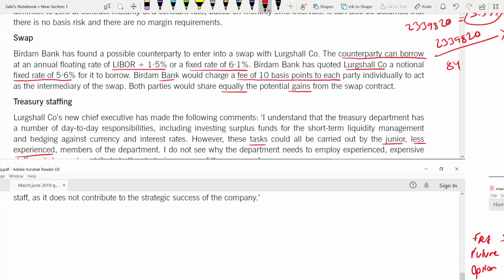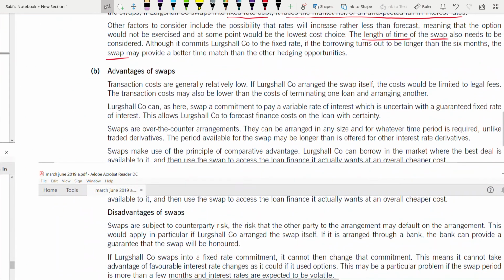I understand that the treasury department has a number of day-to-day responsibilities, including investing surplus funds for short-term liquidity management, hedging currency and interest rate risk. However, this task could be carried out by junior and less experienced rather than experienced and expensive staff. So they're talking about junior and less experienced. So you are saying you need senior staff also, you need more experienced staff also. And you're putting it in a different point. And when you're putting it in a different point and elaborating it, you are getting marks.